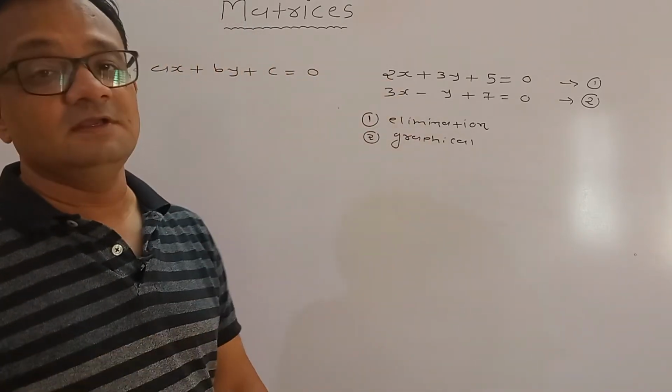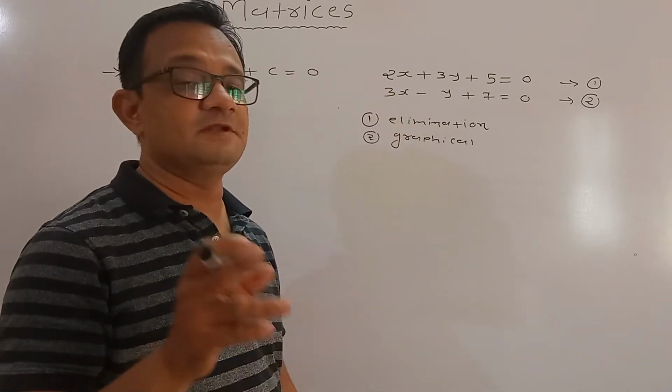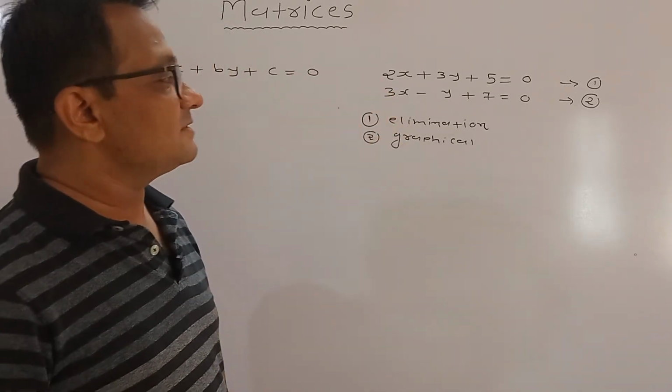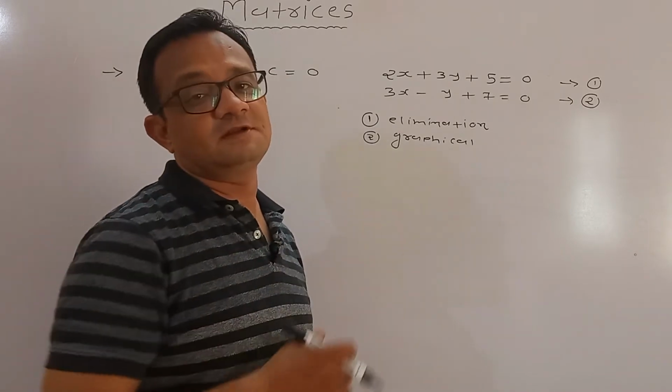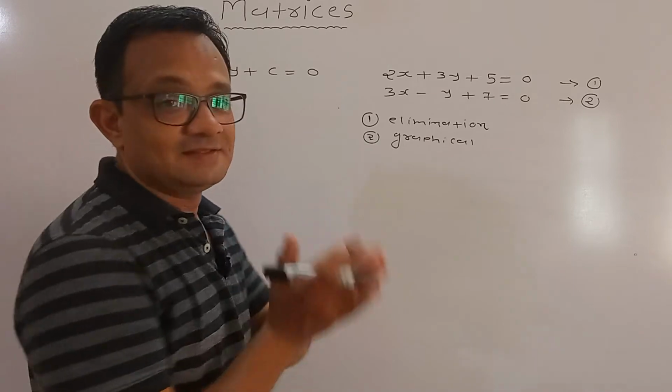In other words, 2x plus 3y plus 5 is equal to 0 represents a line, and 3x minus y plus 7 is equal to 0 is also a line, so two lines are here.